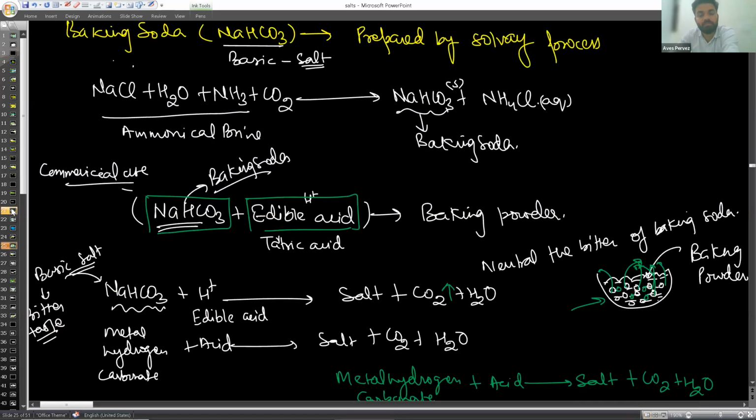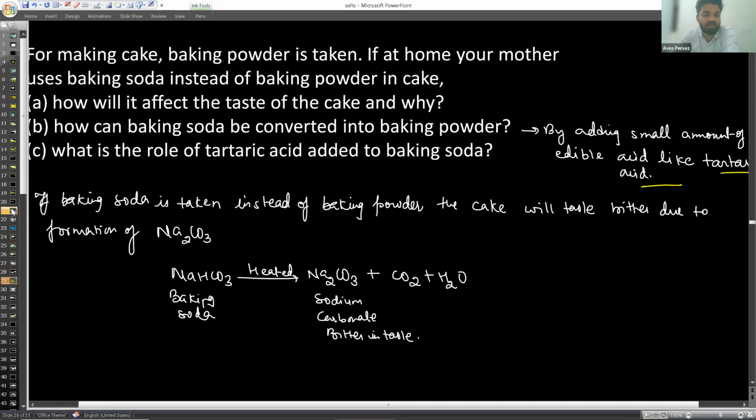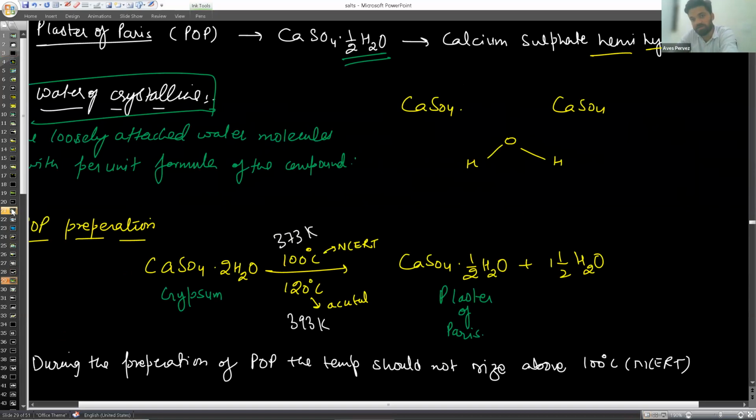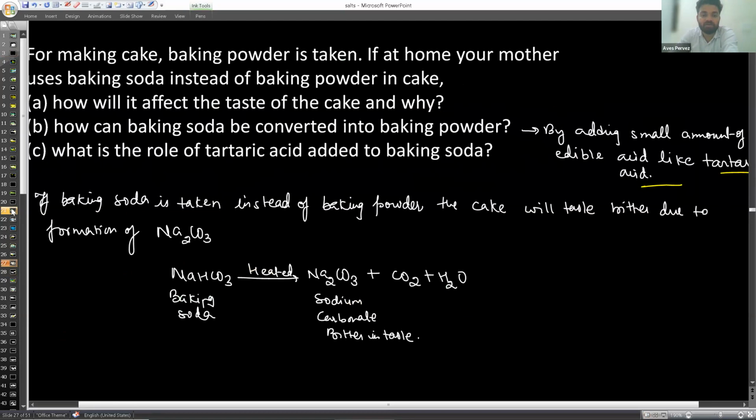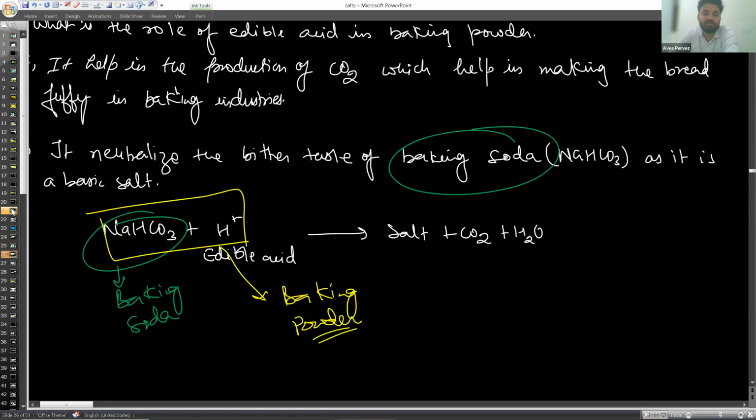When we add an edible acid like tartaric acid to baking soda, sodium hydrogen carbonate, it becomes baking powder.